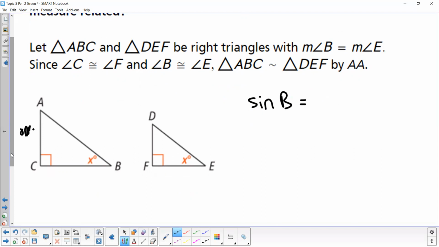And what's the hypotenuse? Sine equals opposite over hypotenuse. So the sine of B is just AC over AB.